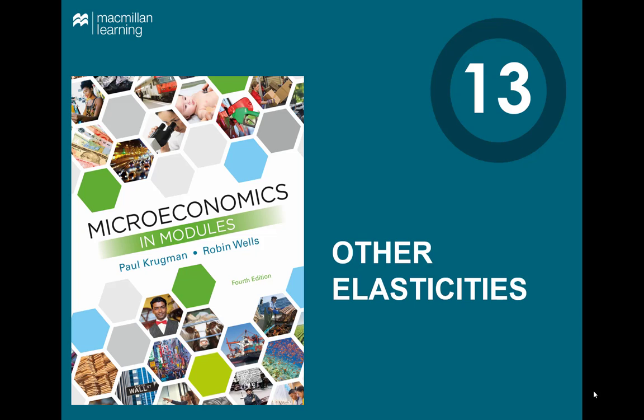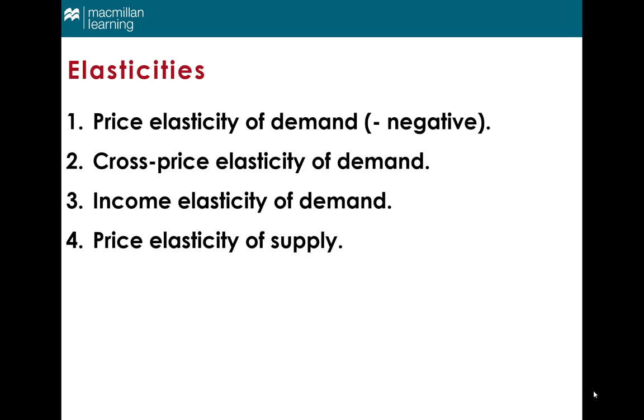So other elasticities, okay? In the previous module, we learned the price elasticity of demand. We learned that this is always negative. Why? Because when there is an increase in the price, there is a decrease in the demand for that, according to the negatively sloped demand curve.